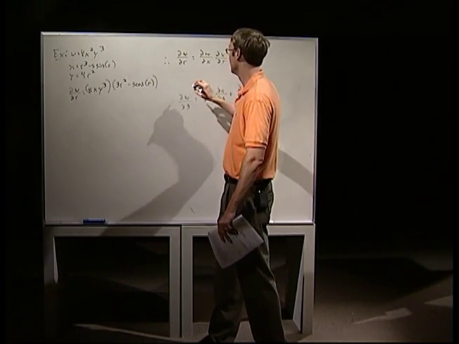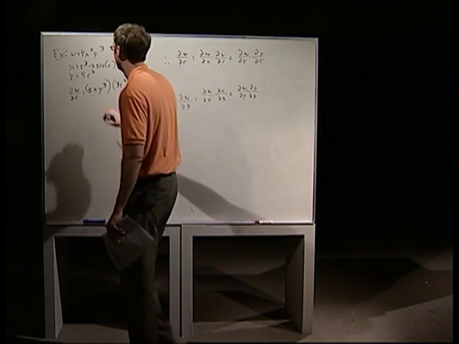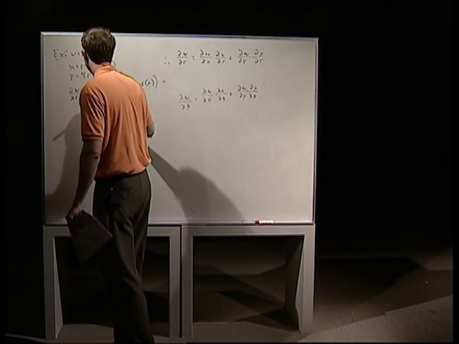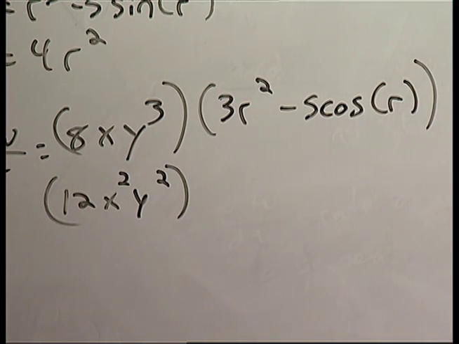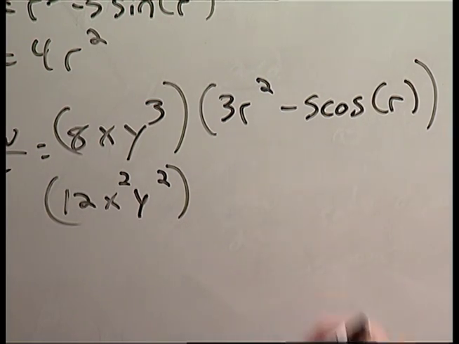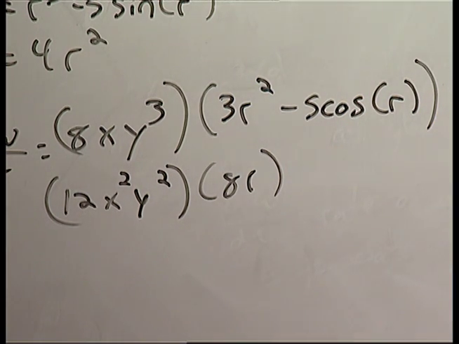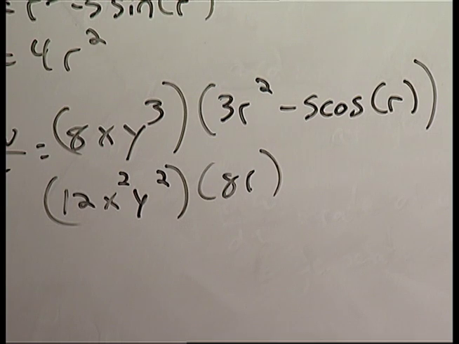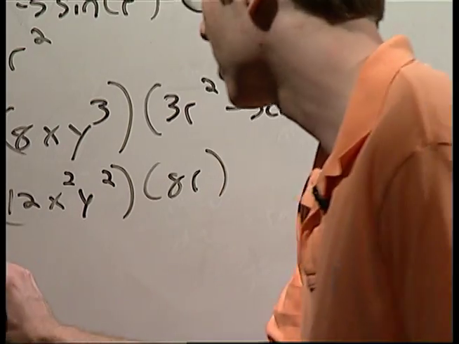Then we have partial W partial Y, which is 12x squared y squared. Partial Y partial R is 8r. I think it looks good there, yes. So there's your partial expression for that one. And we can do partial W partial S too.